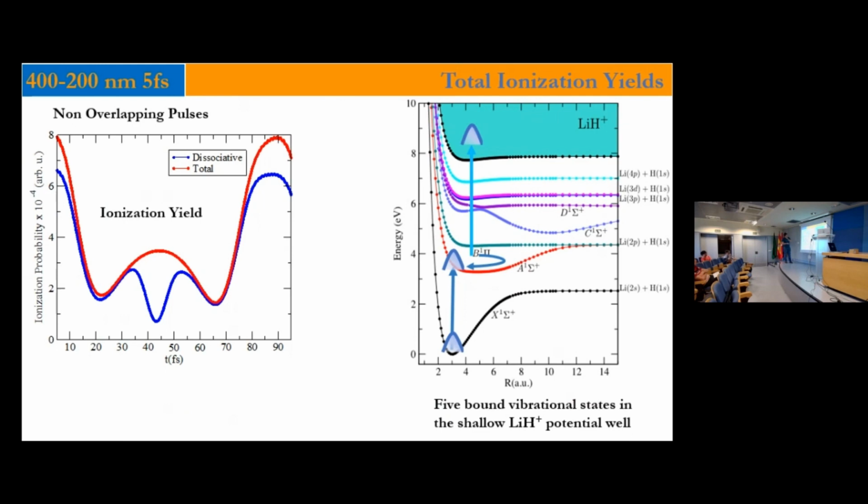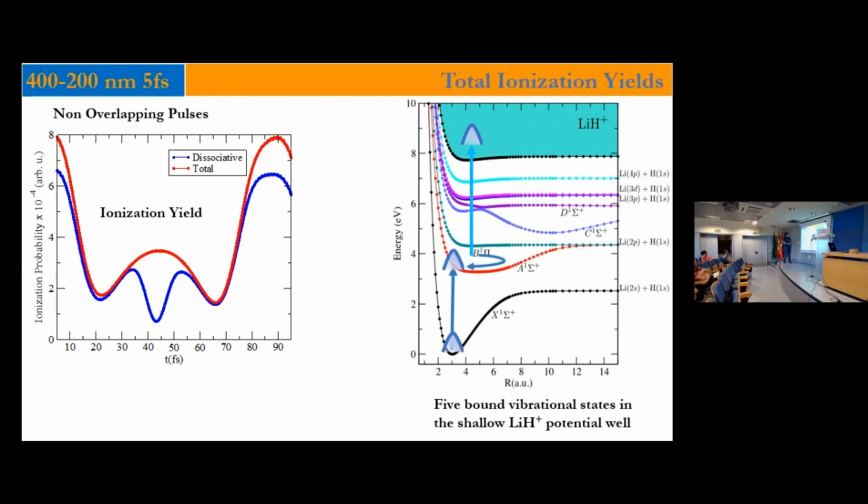One of the things that we can notice here is that most of the ionization is dissociative, and this is explained because the lithium hydride plus ground state only has a shallow minimum, it doesn't hold too many bound vibrational states. So this is expected. The only point where non-dissociative ionization is more likely to happen is around the outer turning point, which is around 40 to 45 femtoseconds, when the wave packet is all the way out right here.